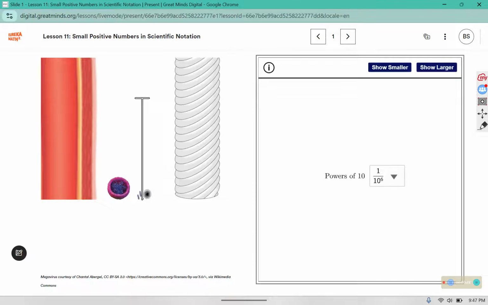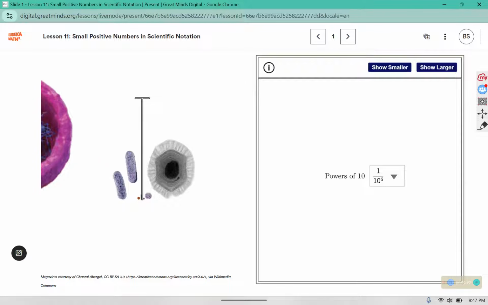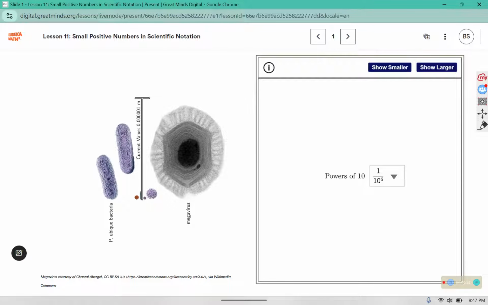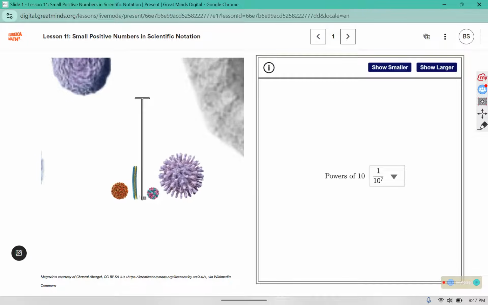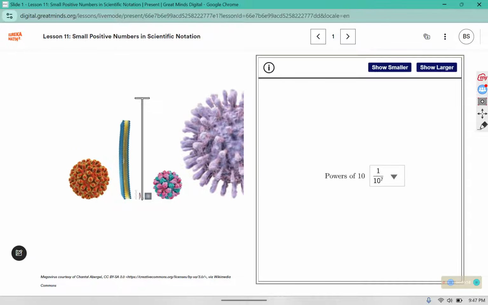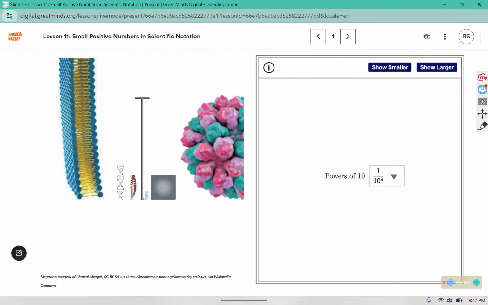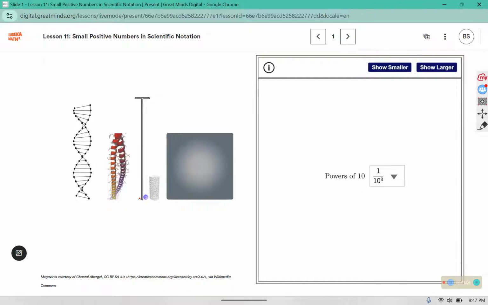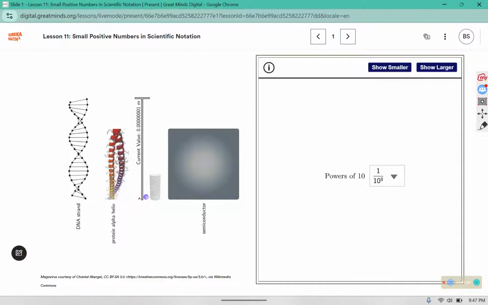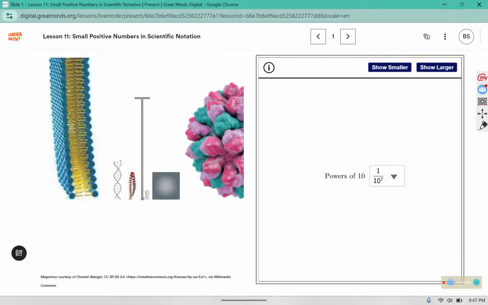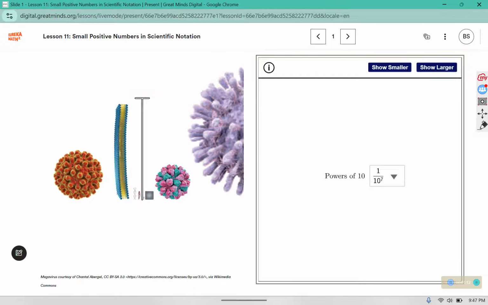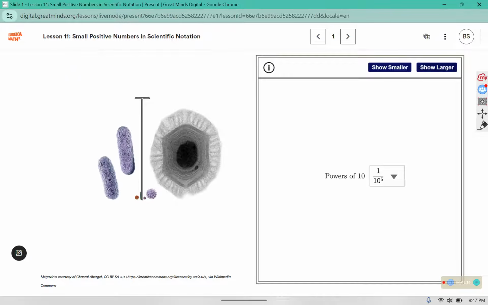If we continue to get smaller and smaller, you can see we zoom in. And we'll begin to see DNA show up here in just a minute. There's that DNA strand. And as we move larger and larger, our exponent's going to get closer and closer to 10 to the 0 power.